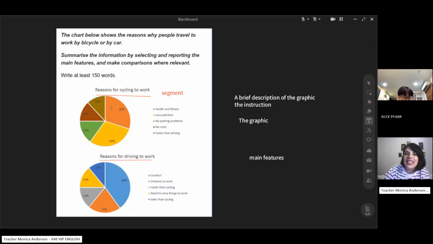So what is the graph about? And what is the most obvious trend, the biggest one? Okay, so if there are any similarities, there are some questions we need to think about, and then we can write. Well, let's find how many main features we have, you think?